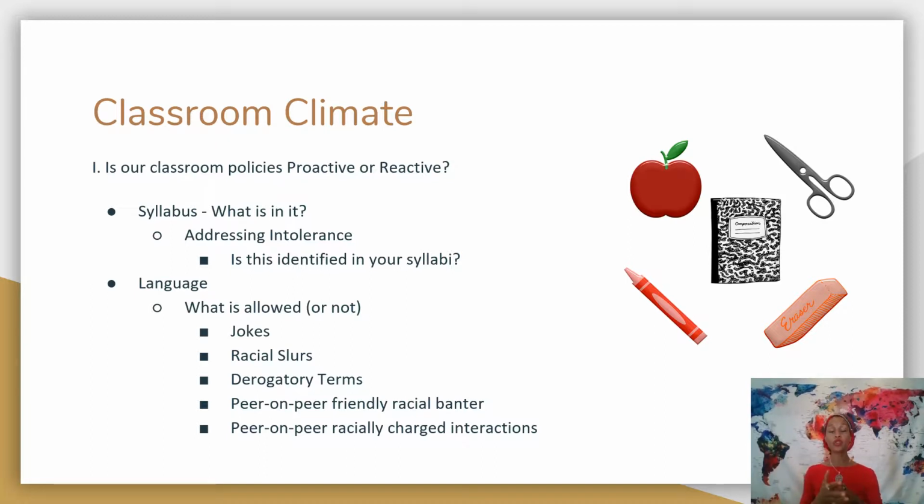When pure racially charged interactions occur, I again have something in place. I will be honest with you, knock on wood, I have not really had any peer on peer racially charged interactions in my classroom, because I would like to say that my syllabus and of course continual reinforcement and conversations on what is inappropriate.